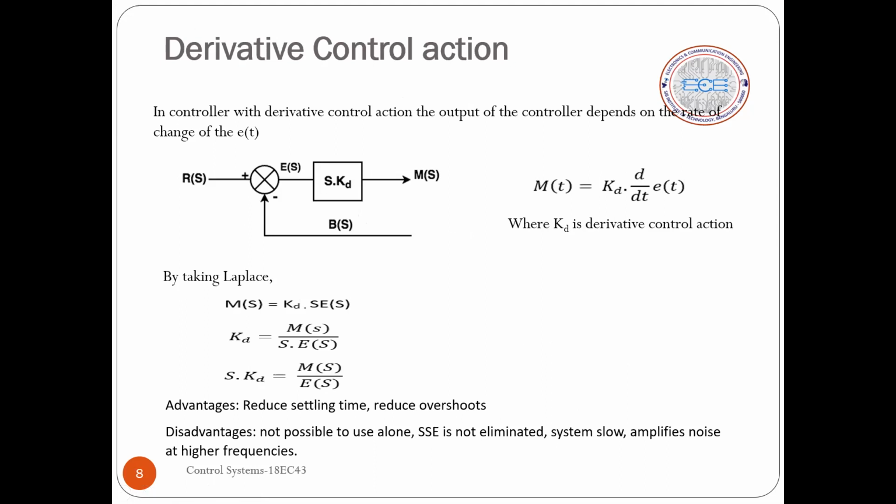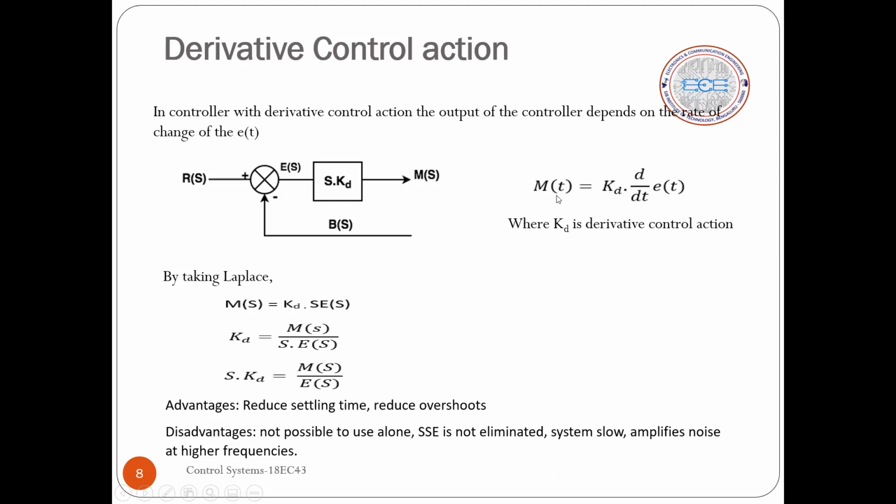Derivative control. In a controller with a derivative control action, the output of the controller depends on the rate of change of the error signal E of t. Whatever the error signal is will decide the output. This is the derivative controller block, where differentiation is happening.